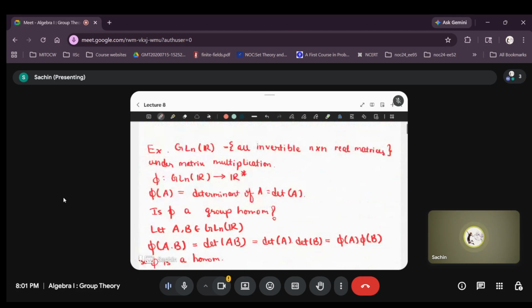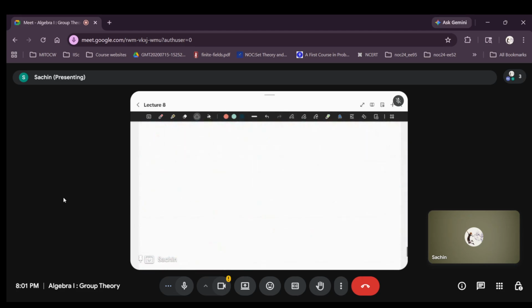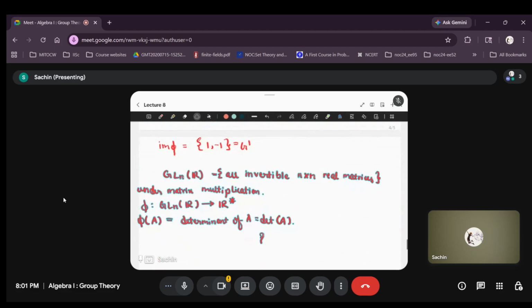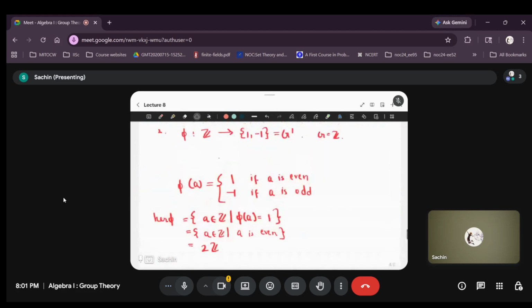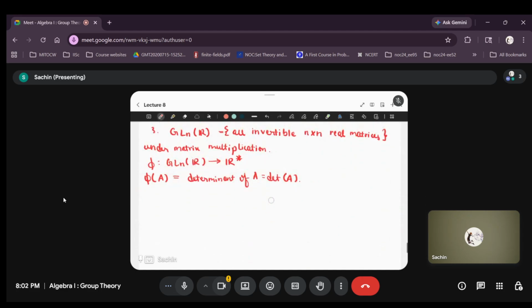Then in today's class, this was the homomorphism we saw, the first one. Now, what is the kernel of this one?